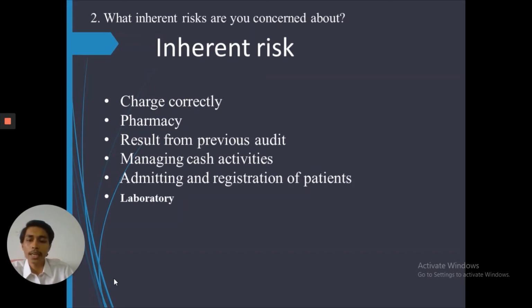Next, admitting and registration of patients. We need to see the process and requirements of admitting a patient. And lastly, laboratory. We need to check whether they maintain the standard given by the Malaysian Health Ministry.